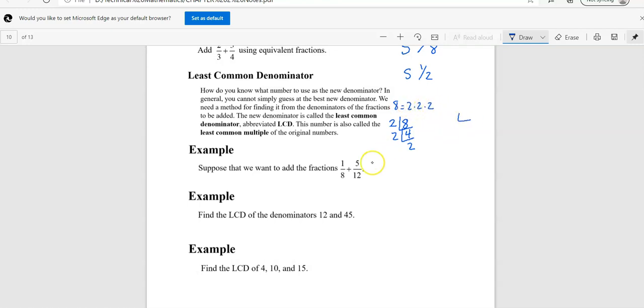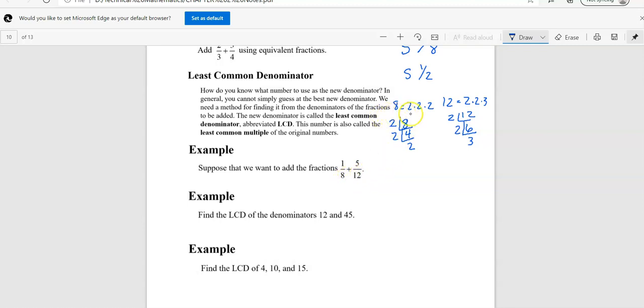Now let's look at the other denominator we had down here, which is 12. So will 2 go into 12? Yes, 6 times. 2 will go into 6 3 times. 3 is prime, so we can stop. So 12 is basically 2 times 2 times 3. So what we're doing is we're looking for a number that both 8 and 12 will go into.